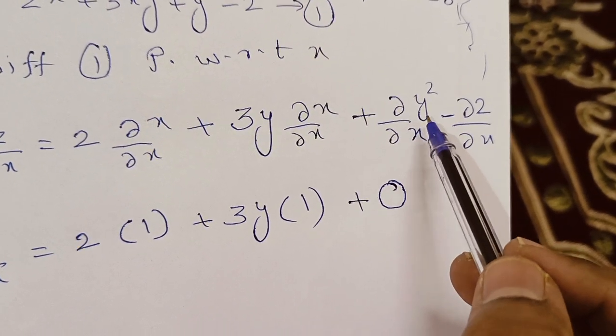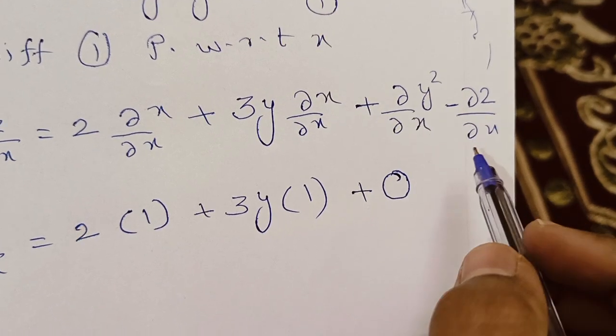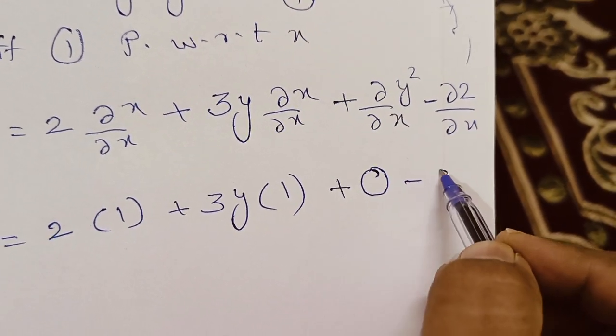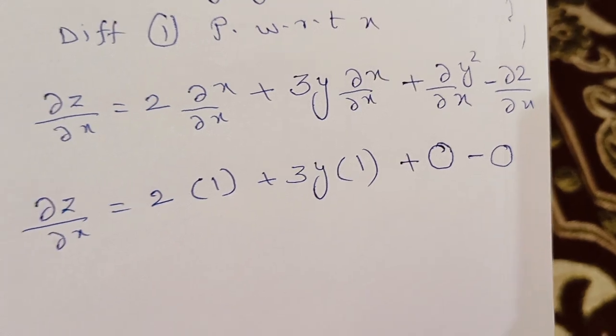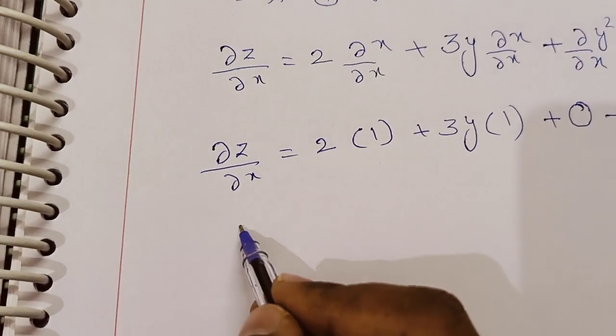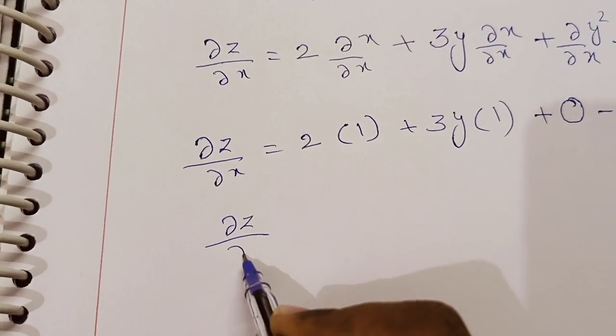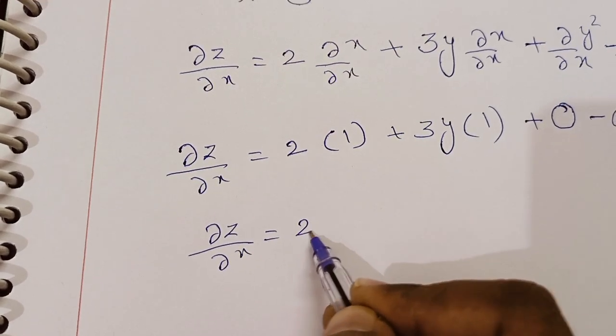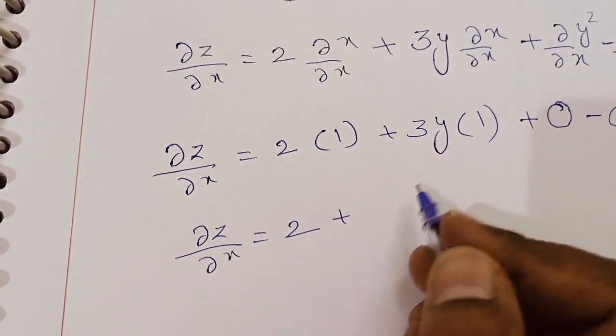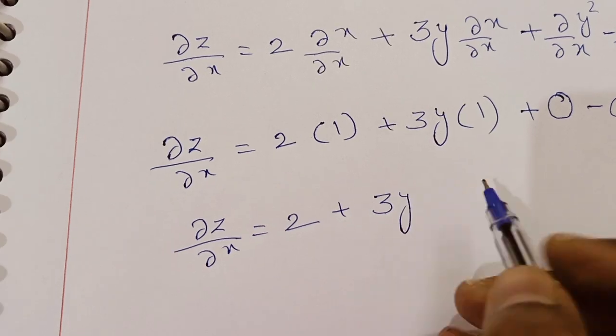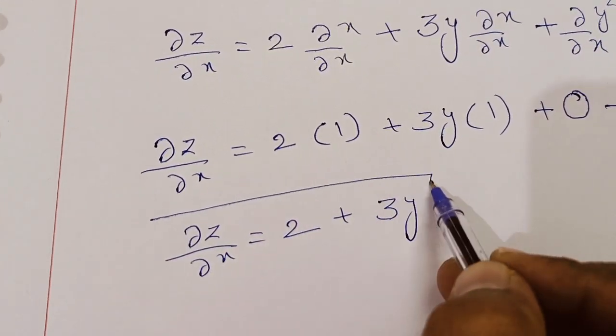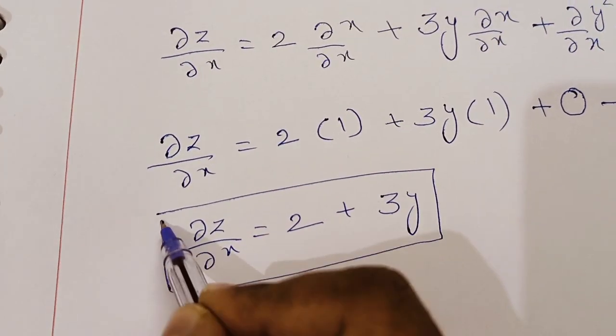So derivative of y square becomes 0, and derivative of numerical value is also 0. So the required answer is dou z by dou x is equal to 2 ones are 2 plus 3y ones are 3y. This is the first part.